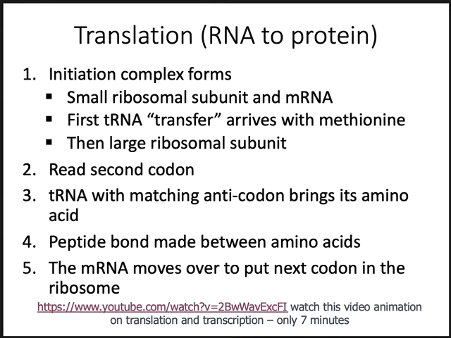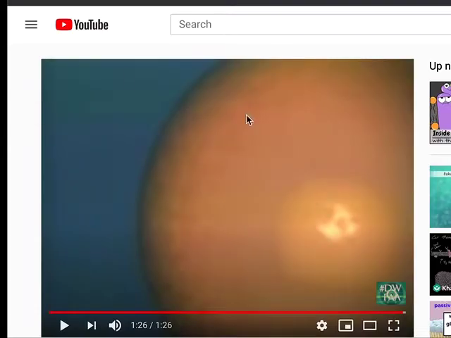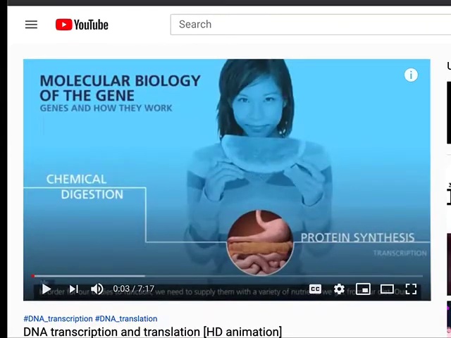Okay, so I'm going to end the slideshow for a moment, and I'm going to show you the DNA transcription and translation. And remember, you can rewatch this either by rewinding this lecture recording, or you can just put the URL into your web browser and watch it. It'll probably be a better quality if you watch it directly from YouTube.